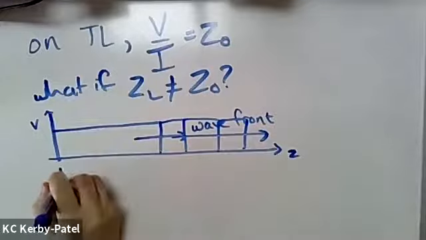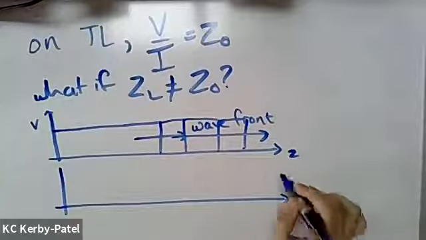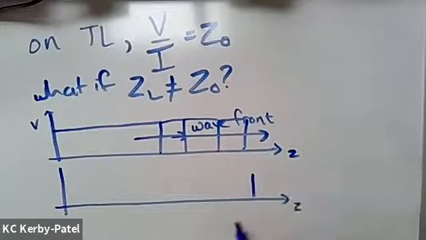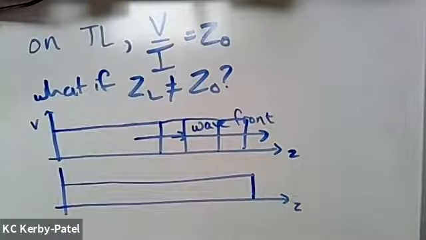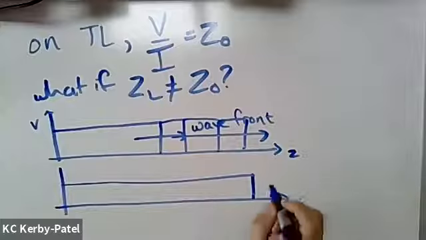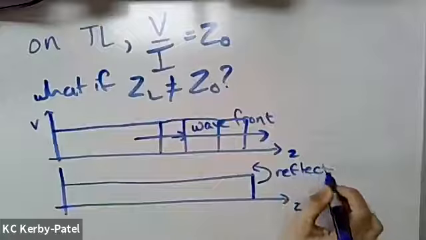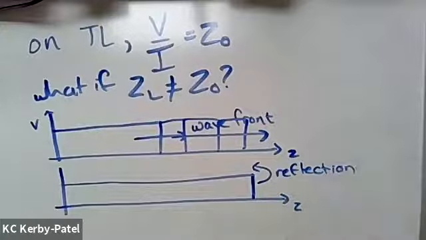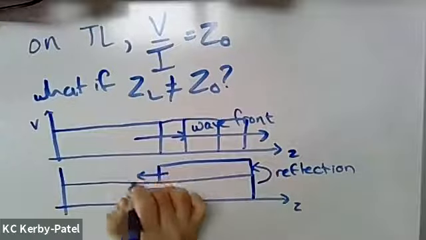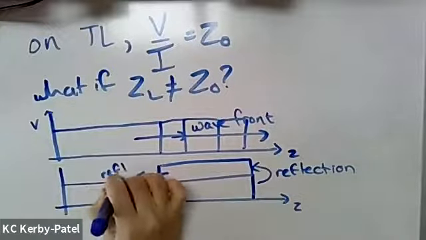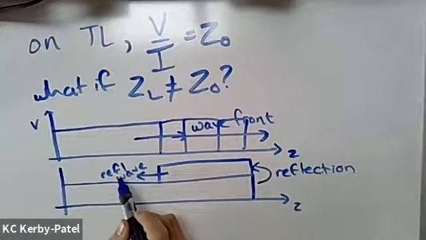But then we get to the load. Let's say the load is right here. What happens is you have a reflection, and some part of the wave gets reflected back. So now we have a reflected wave front traveling the other way.